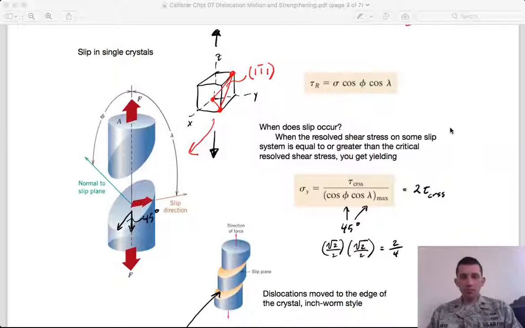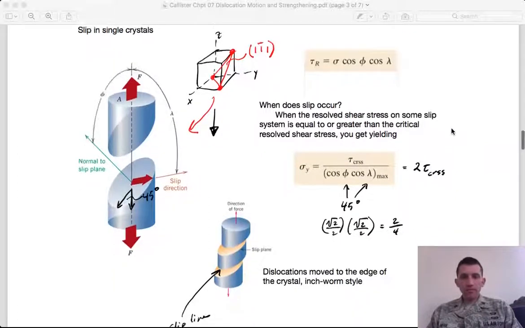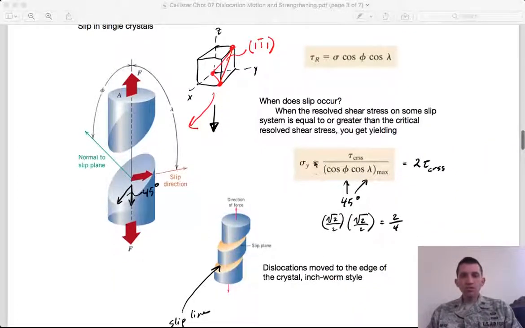And so, the yield stress here, remember, yielding is where we switch from elastic to plastic deformation. That's where we start to move the atoms around, right? The yield stress here is going to be dependent on the value for this critical resolved shear stress and the angle of our slip planes. This has a maximum value at 45.